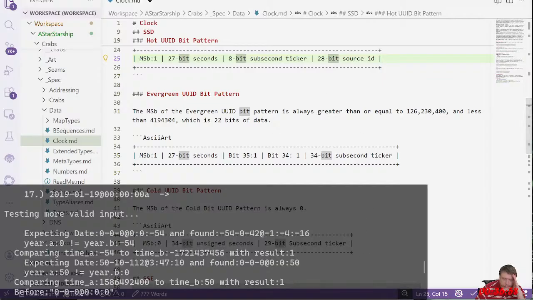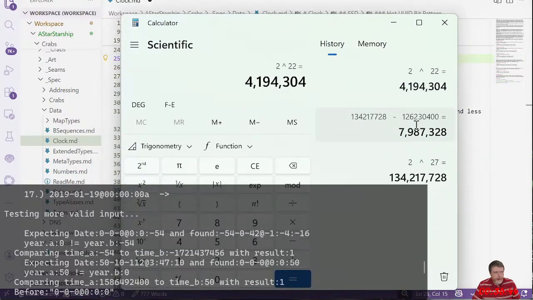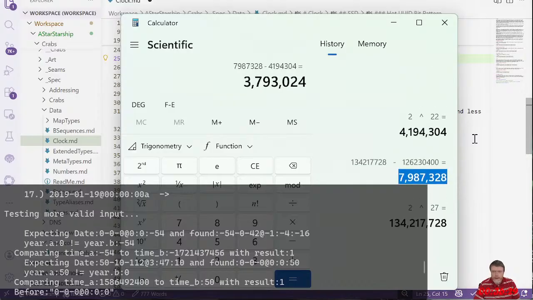So if I have, what do I have? Let's real quick before I forget what I'm doing. Mine is 4194304. All right.